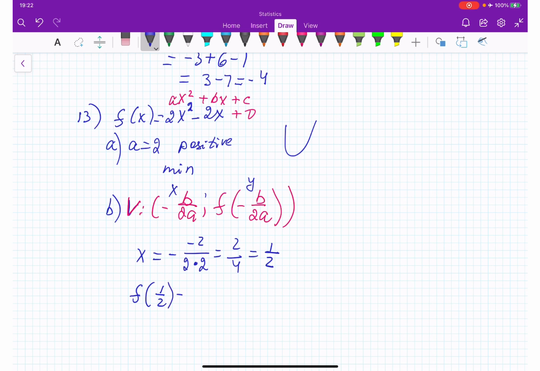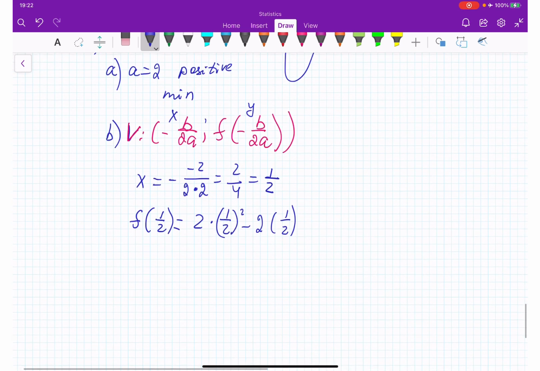it's going to be equal to 2 times 1/2 squared minus 2 times 1/2, right? And then plus 0, obviously we skip it. So we get twice 1 over 4, correct? And then minus twice 1/2. This is gone, will be 1. And here will be 1 and 2.